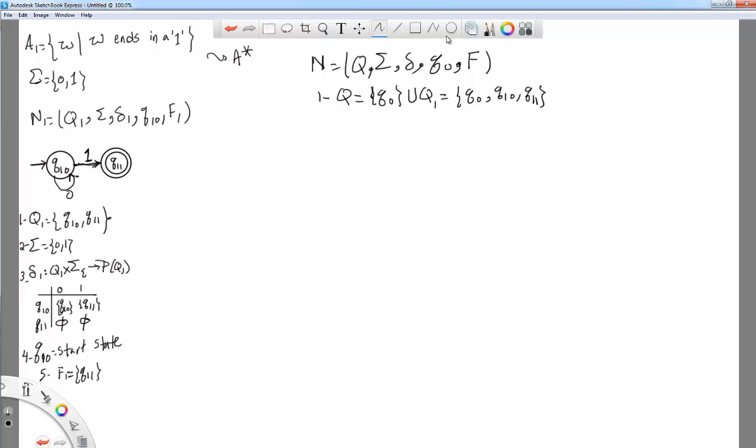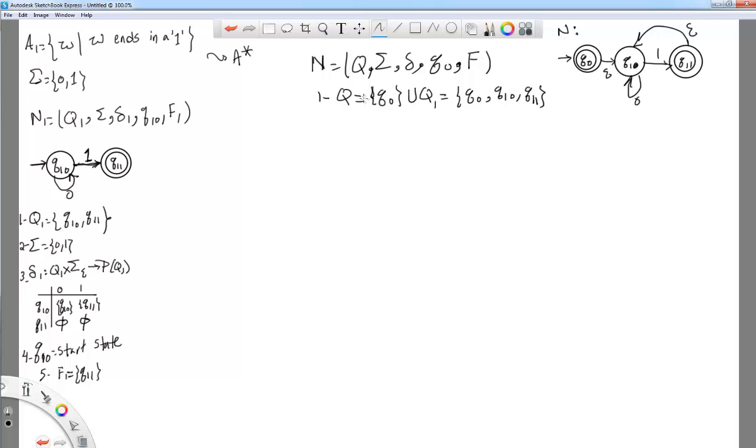This machine has a new start state, and the original machine is something like this, and of course this is also going to be an accept state. This is the newly added q sub 0, this is q sub 1 0, and this is q sub 1 1. I epsilon transition from the new start state to the old start state, and from the accept state back to the old start state. These are my original transitions, and that is my machine N.